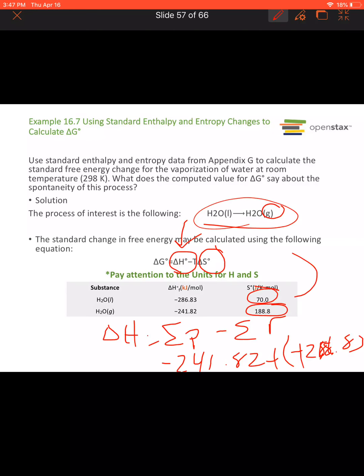You're going to plug this here, and now we can solve for delta G. So you're going to take your delta H minus T delta S, and that's going to give you your delta G. If your answer is negative, it's a spontaneous reaction. If the answer is positive, it's non-spontaneous. I keep mixing this up myself. All right, but again, the book has this, and again, I'm telling you to do recitations 11 and 12.